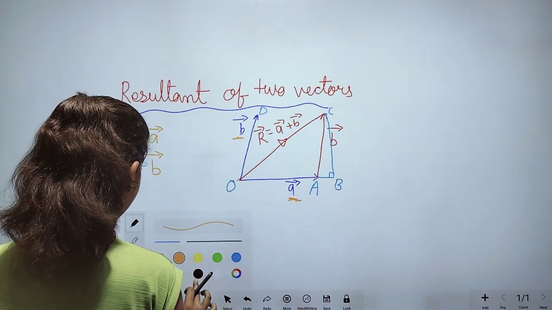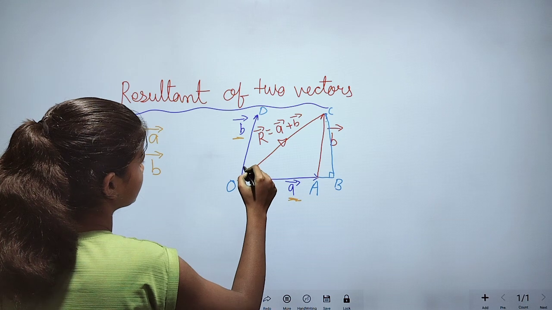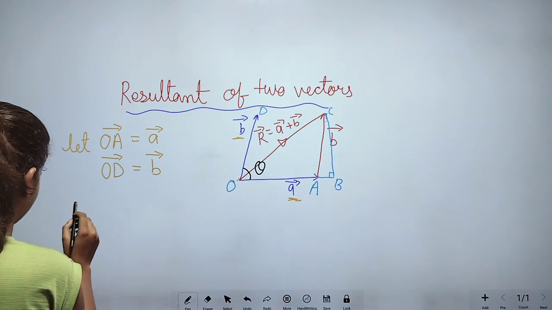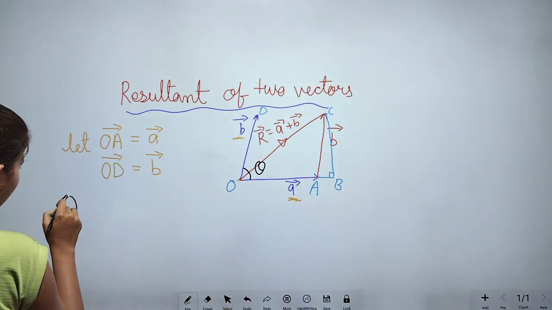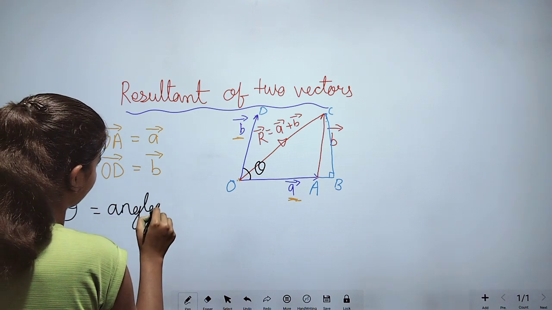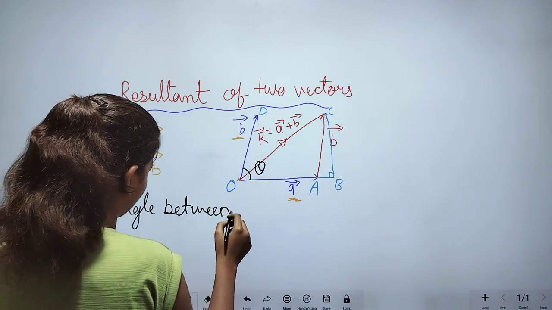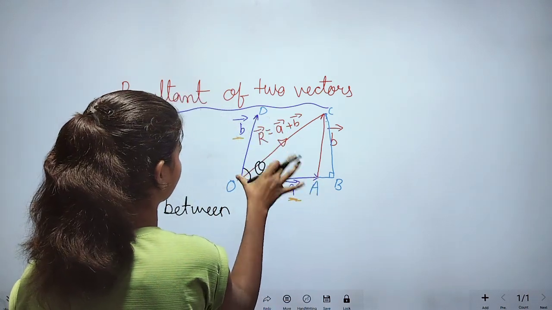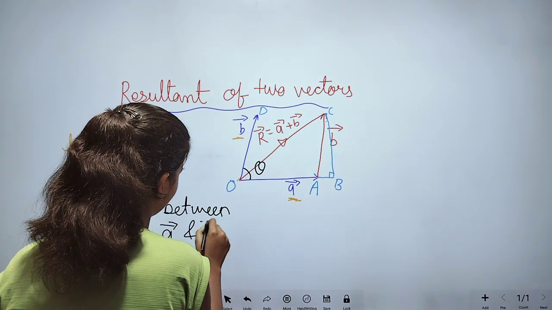Let this angle be theta. Theta is equal to the angle between A vector and B vector.